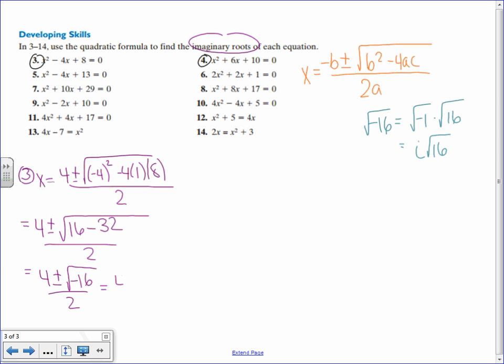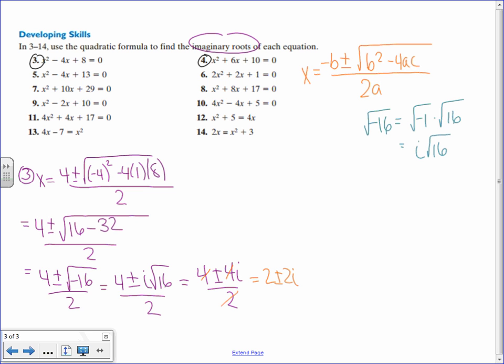So this is going to be 4 plus or minus i square root of 16 all over 2. But we know the square root of positive 16, that's 4. So this is 4 plus or minus 4i over 2. And now you got to be careful, 2 cancels into both of these. It has to cancel into both. So you're going to be left with 2 plus or minus 2i. Done.